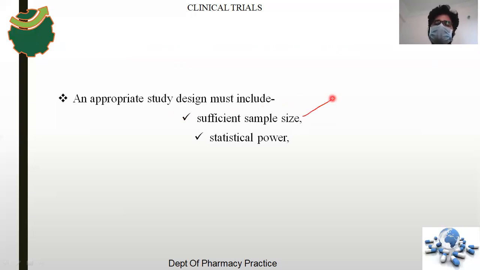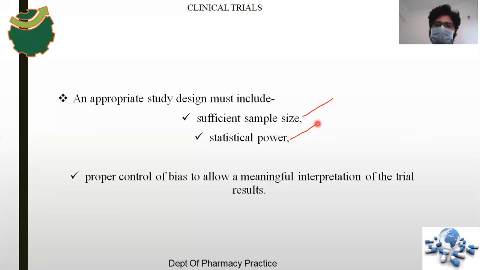Sufficient sample size means that for a pilot study, maybe it's enough to take people in the tens, 20s, 30, or 50 for the entire study. But when you see clinical trials, you need members in the hundreds. It means appropriate numbers of people should be there whenever you use any study design. Statistical power and the p-value and all that should be taken care of here.